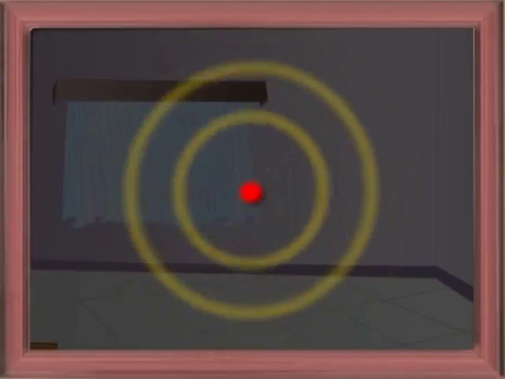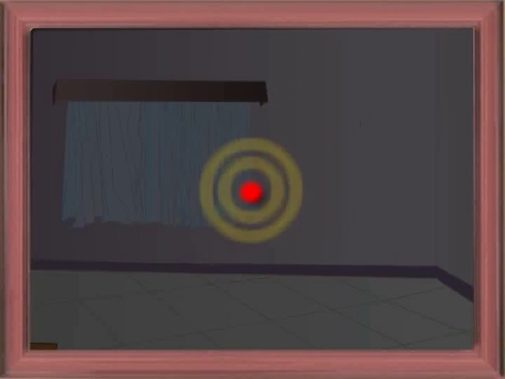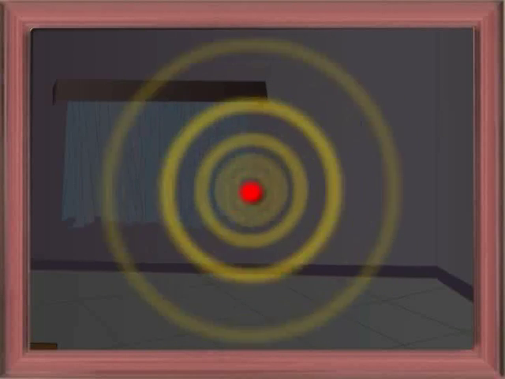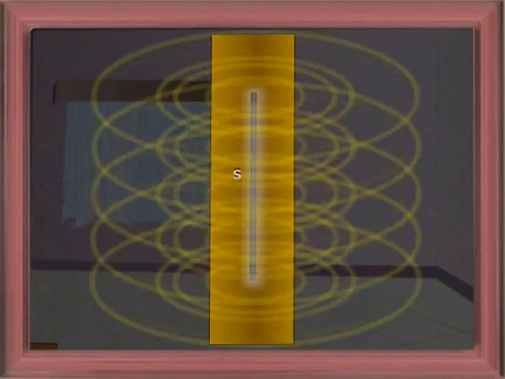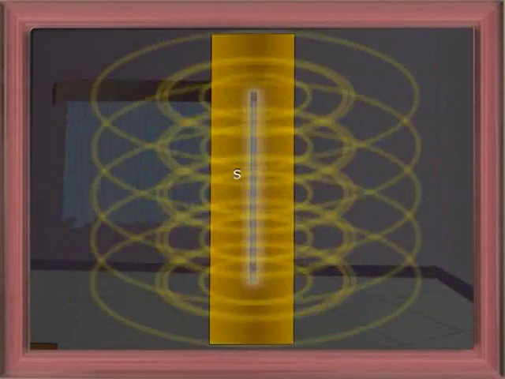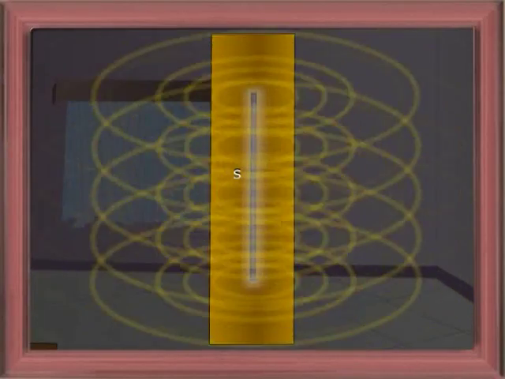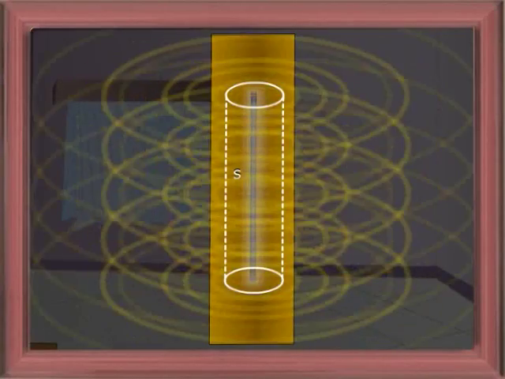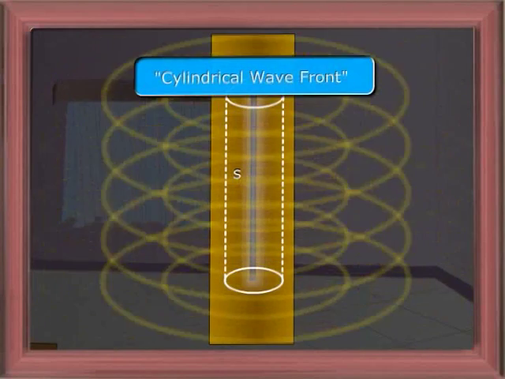Now, let's have a look at each one of them. A spherical wavefront is a wavefront originating from a point source. If the source of the light is in the form of a narrow slit, the wavefront originating from it has the shape of a cylinder. This is called a cylindrical wavefront.